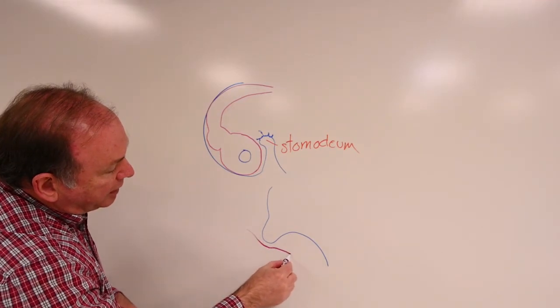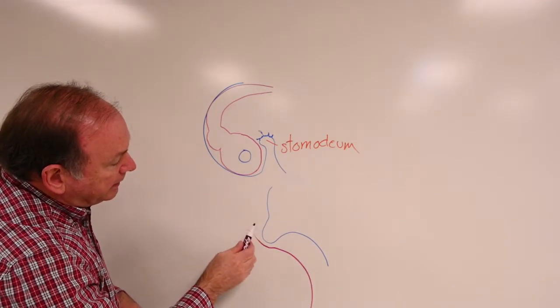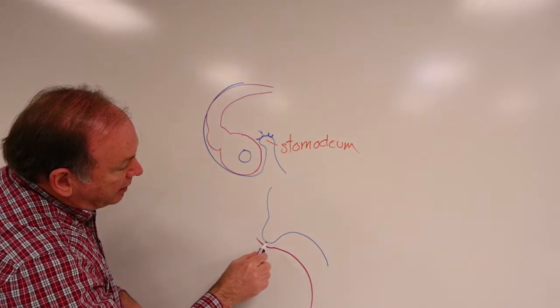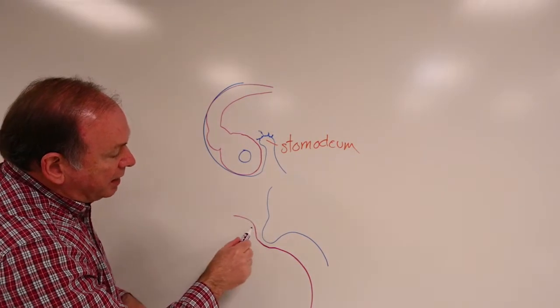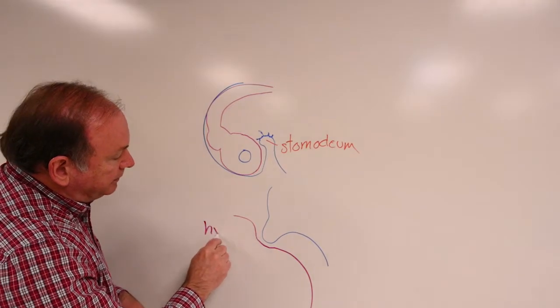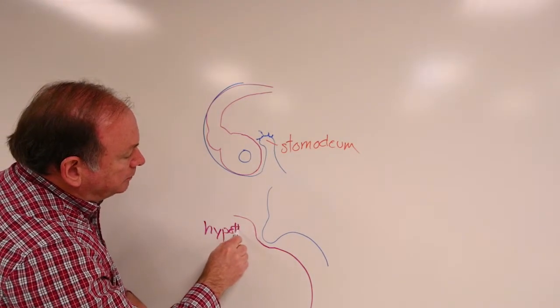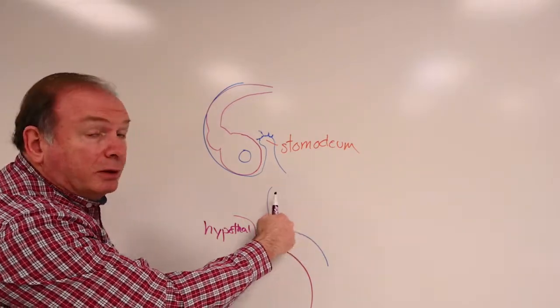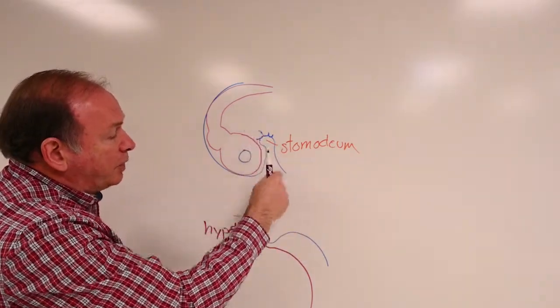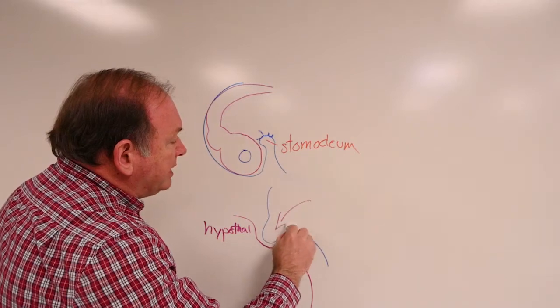So the floor of the brain is right along here. This part of the brain right here where this comes up and meets, this will become the hypothalamus of the brain. So here's your hypothalamus. And this little pocket right here that forms off the roof of the stomodium is known as Rathke's pocket.